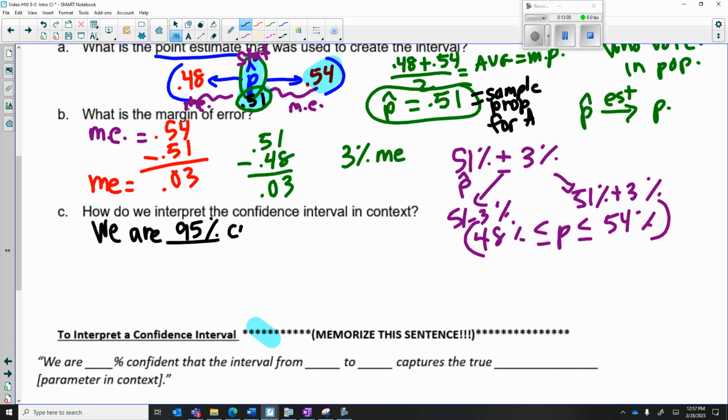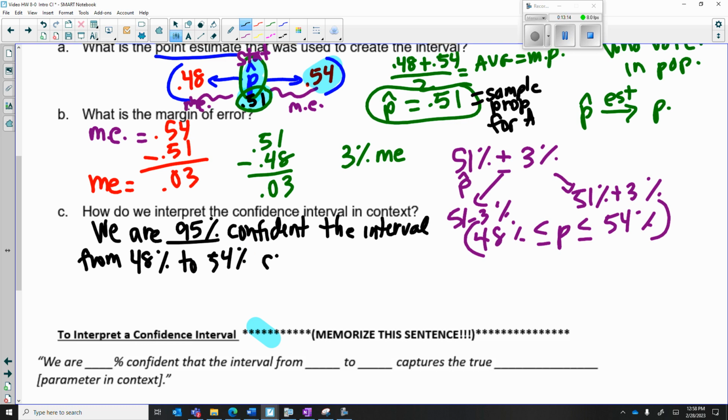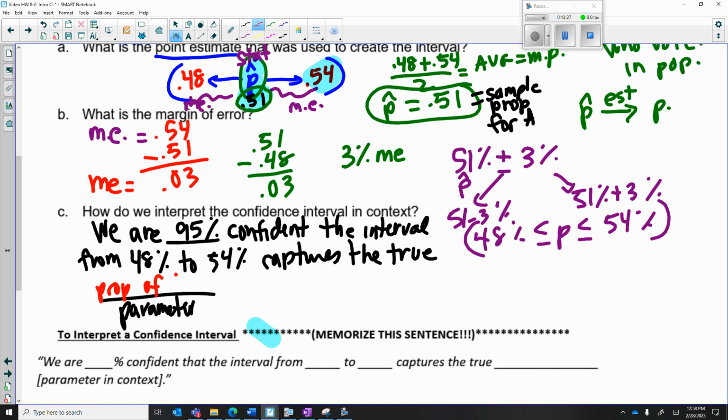We are 95% confident the interval from 48% to 54% captures the true, and now we're going to put the parameter in context. So the parameter in context was the proportion of those in the U.S. who will vote for candidate A.